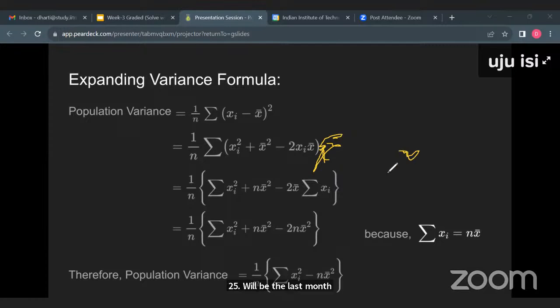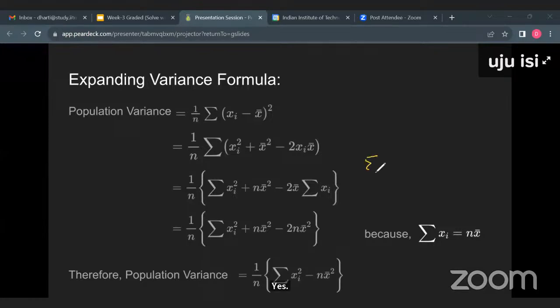But we have to write it mathematically. In an exercise there will be a specific value. Suppose the first interval is 10 to 20. Summation of xi is equal to sum of all the numbers, right? Yes.